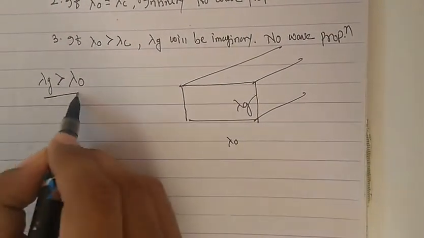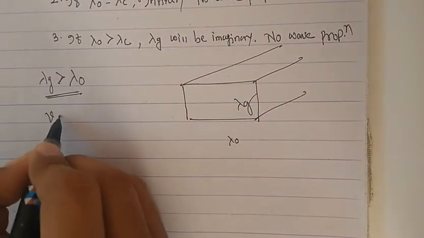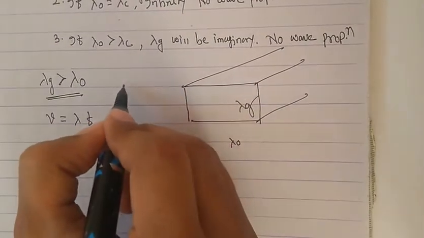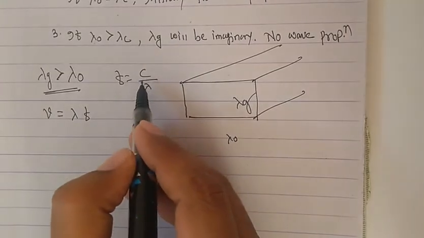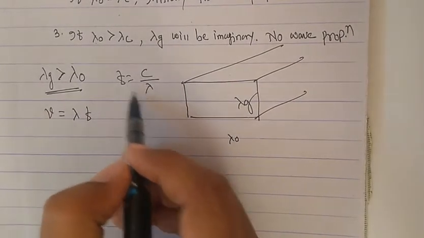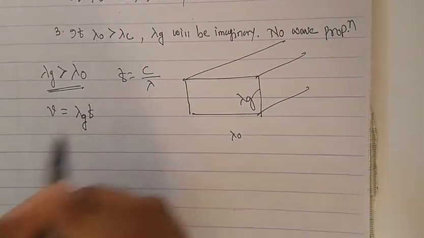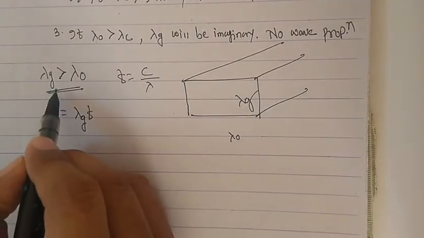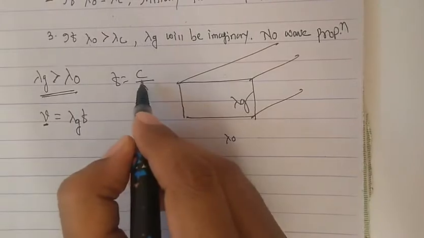Lambda g is greater than lambda 0. Generally, you know that velocity v is equal to lambda into f, or you can write f is equal to c by lambda. So this c is actually the velocity, lambda into f. Inside the waveguide, this will be lambda g into f. Since your lambda g has to be greater than lambda 0, this velocity will be greater than c.